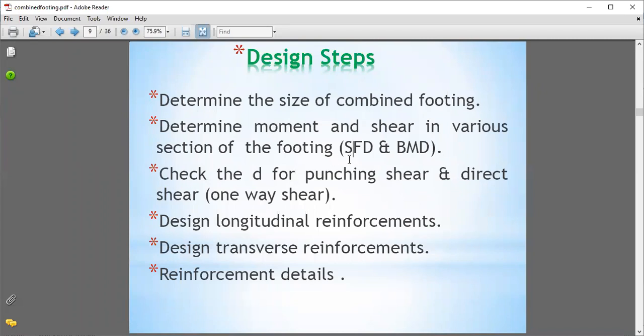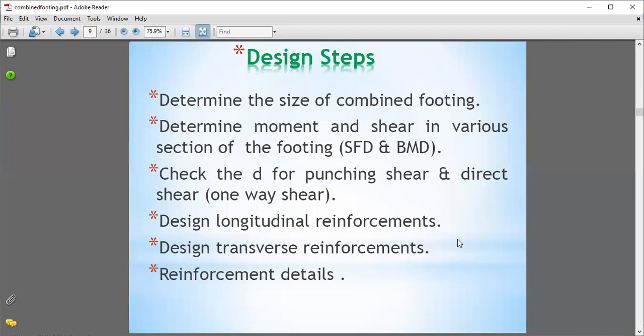Okay, now we'll move towards the next step. बघा design step मध्ये first आहे, determine the size of combined footing. Means if we know the bearing capacity of the soil, say bearing capacity is equal to P by A. So the cross-section area, if the bearing capacity of the soil is known and P, that is the load coming on the footing, based on this we can take a judgment about the size of the combined footing.